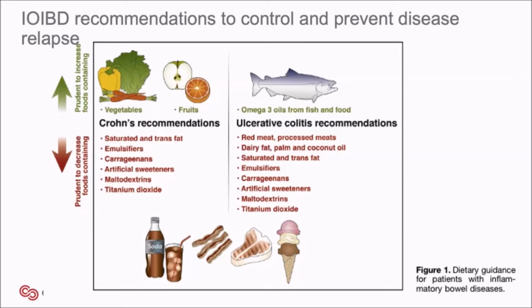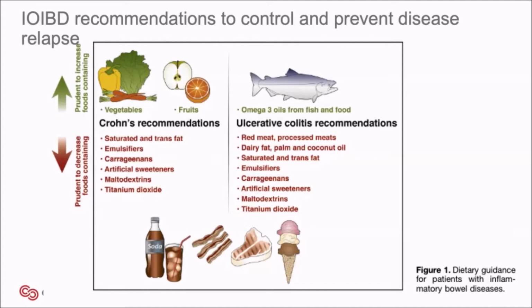Overall, for people with Crohn's disease, they recommended an increasing intake of fruits and vegetables. And in ulcerative colitis, they recommended increasing intake of omega-3 fatty acids. These components specifically have been shown to modify the gut microbiome, help to control symptoms, and help to reduce risk for flares over time.